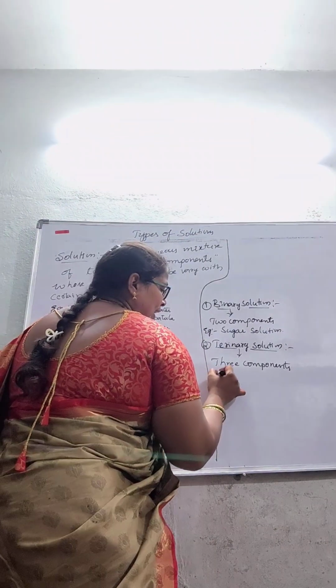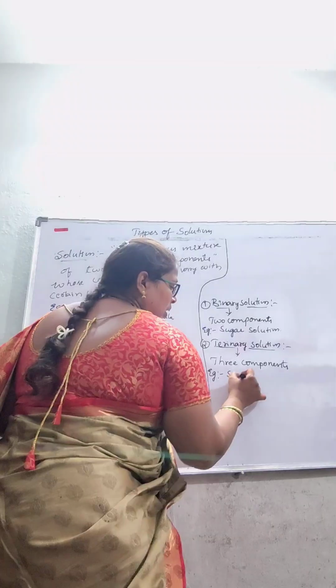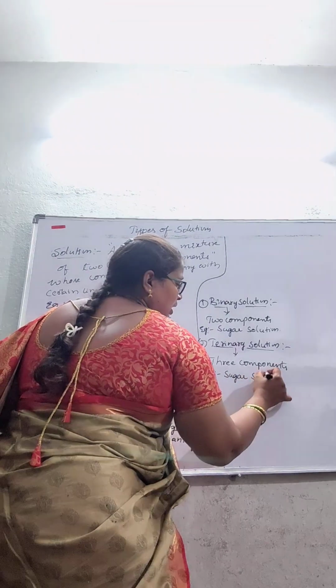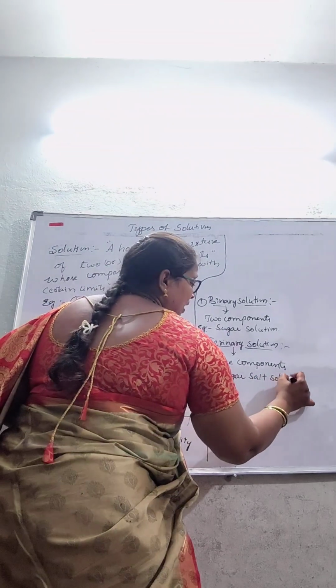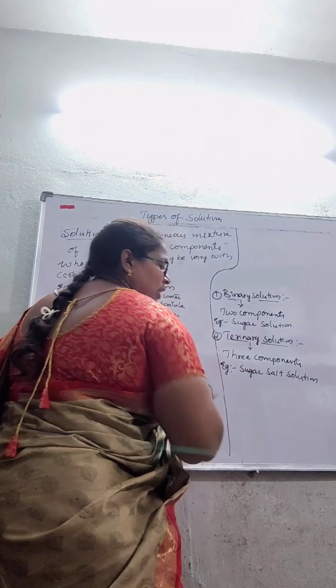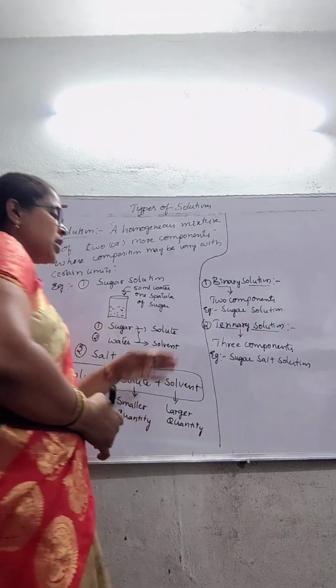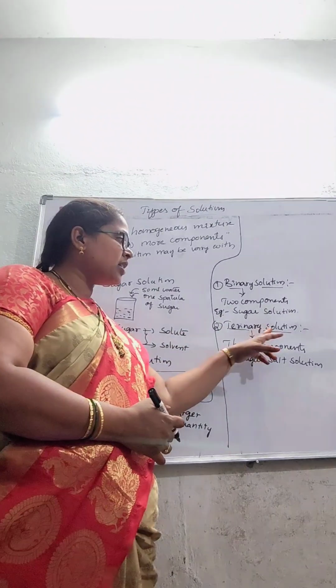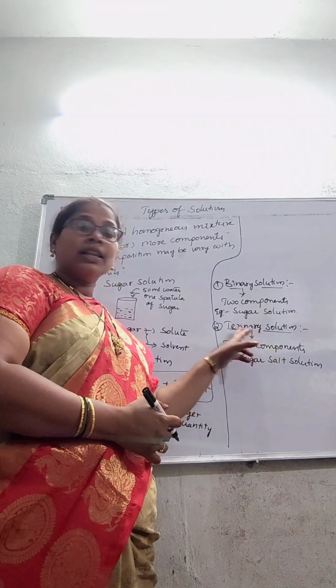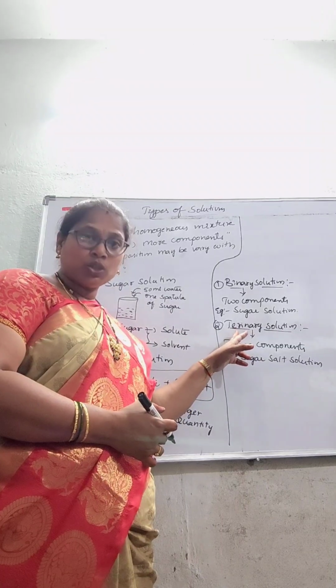For example, if you take a sugar and salt solution, here sugar is one component, salt is another component, and water is the third component. In total, how many components are present in this solution? Three components. That's why this is called a ternary solution.